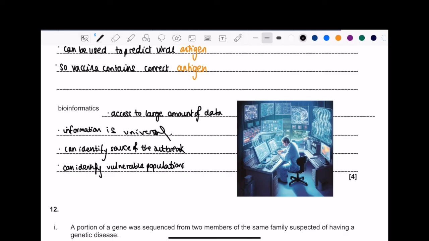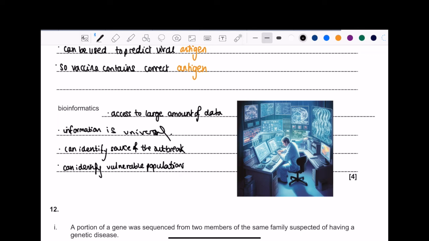Next one, can identify the source of an outbreak. Because you've got all this data, you can track where the spread of viruses is going, you can identify where it started, and then you can identify vulnerable populations. Bioinformatics is very easy to understand, having gone through the pandemic, all of us now.